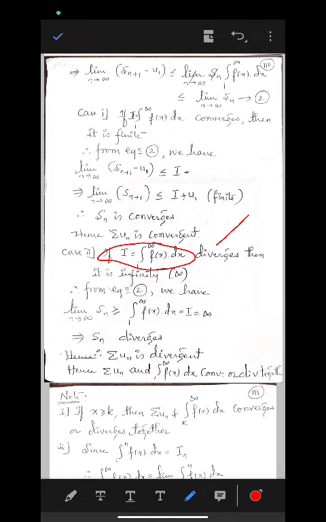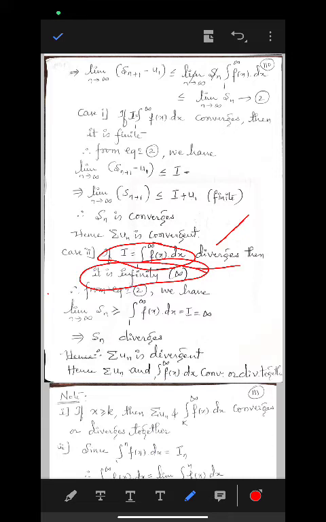When do you say that the given sequence is divergent? If I got limit infinity, or more than one limit. So therefore it is infinity.